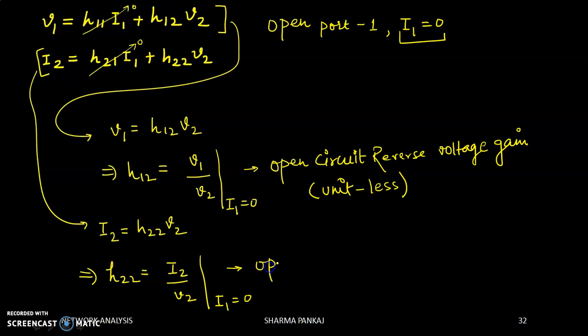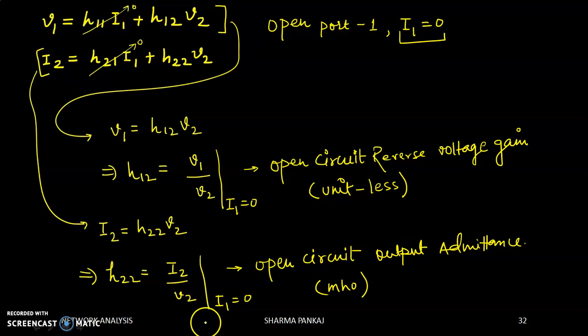We have opened the circuit of port number 1. And the unit is mho. This is I2 upon V2, so the unit is mho or ohm inverse.